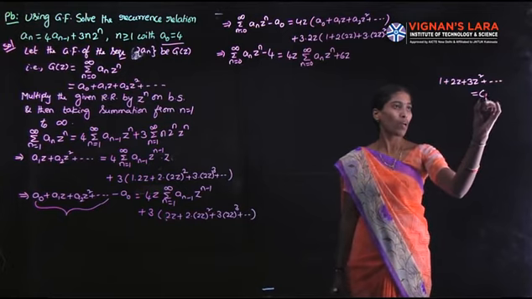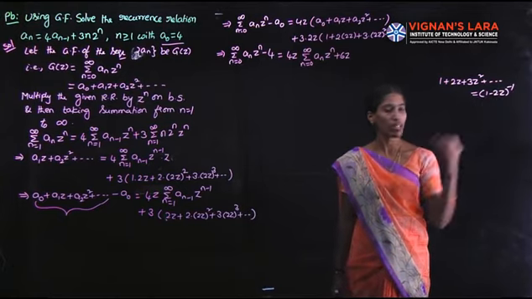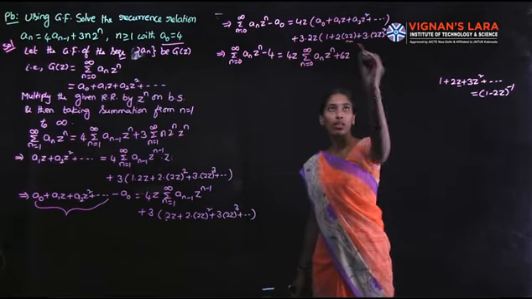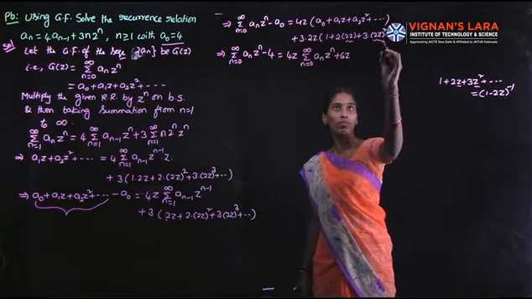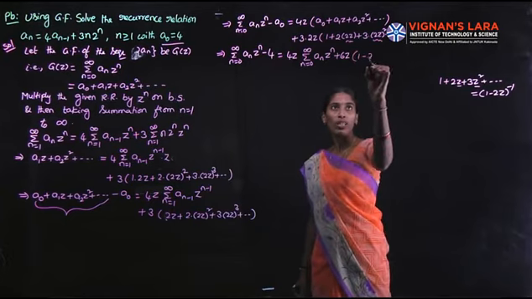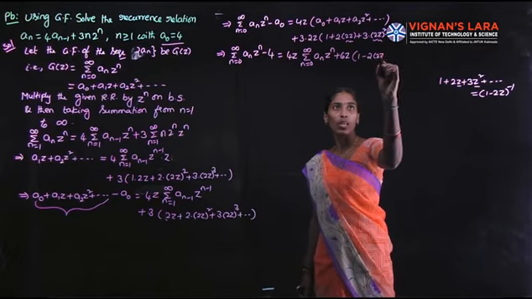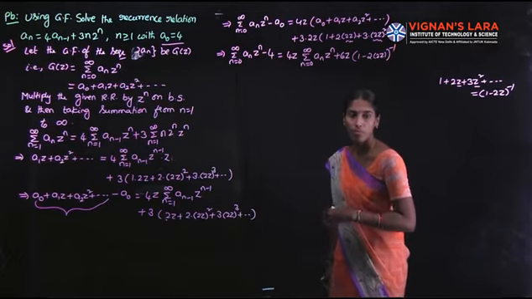It is the formula of (1 minus 2z) whole inverse. So in the place of z here, 2z is there. So it is (1 minus 2z) whole inverse, here with 2z.